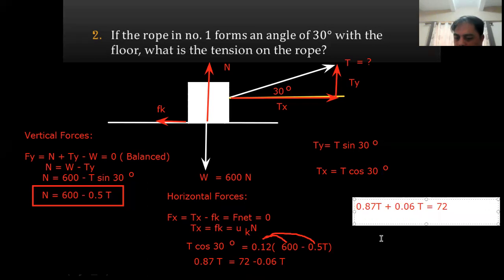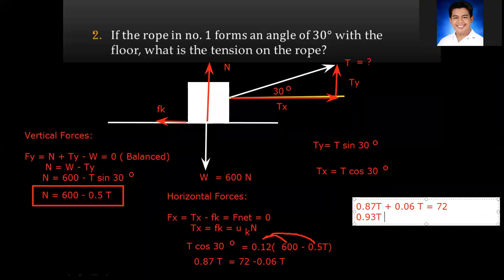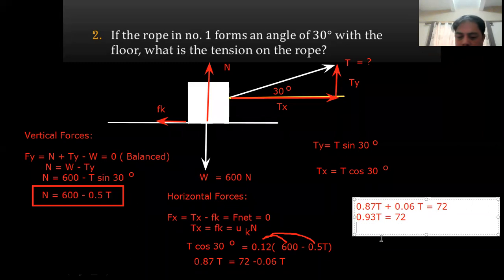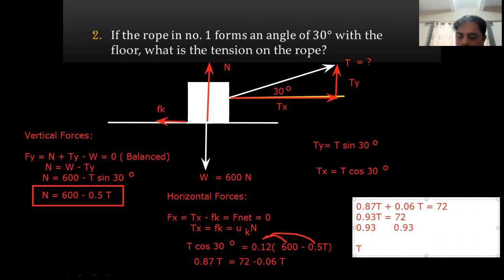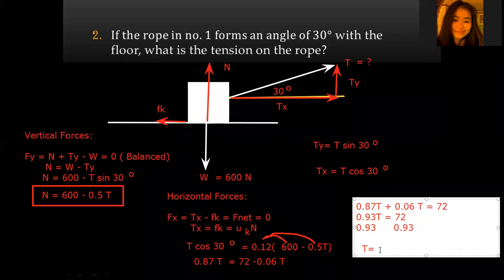Now, the total on the left side will be 0.93T. Am I right? Yes, sir. Then we divide both sides by 0.93 to calculate, and that will leave us with a value for T. If you divide 72 by 0.93, how much is your tension? 77.42, sir.